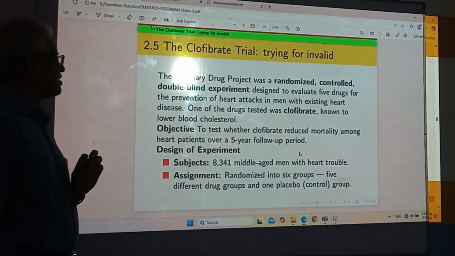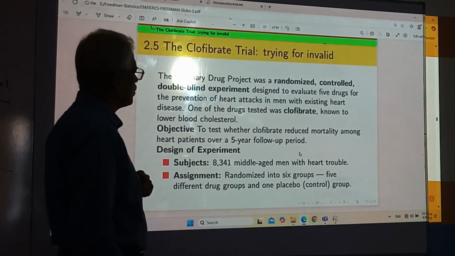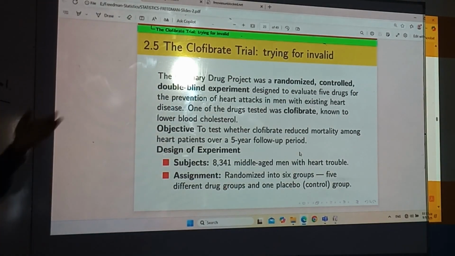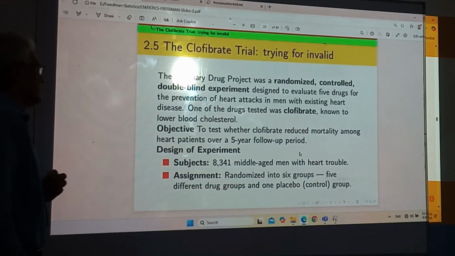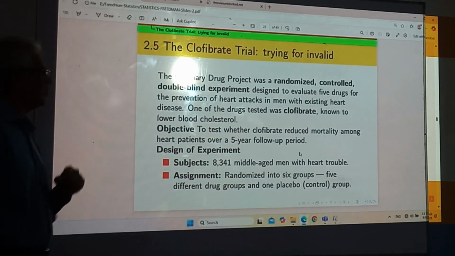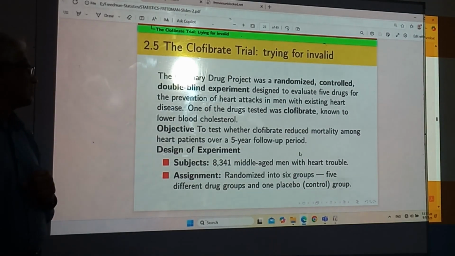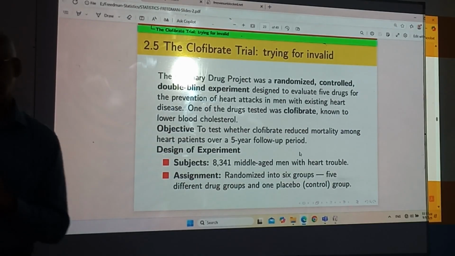One of the drugs tested was something called, some name, known to lower blood cholesterol. So that was already known to lower the blood cholesterol. So the objective of this particular study was to test whether this particular medicine reduced the mortality among heart patients over a 5-year period.